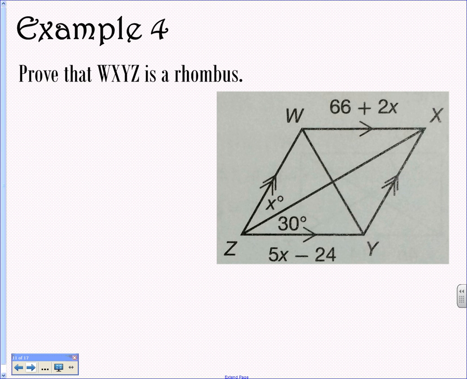How do you know x is 30 degrees? Okay, so opposite sides have to be equal to each other, so then you solve for x equals 30. Okay, so that makes the diagonal bisect that angle. So that makes it a rhombus. Does that make sense? All right.